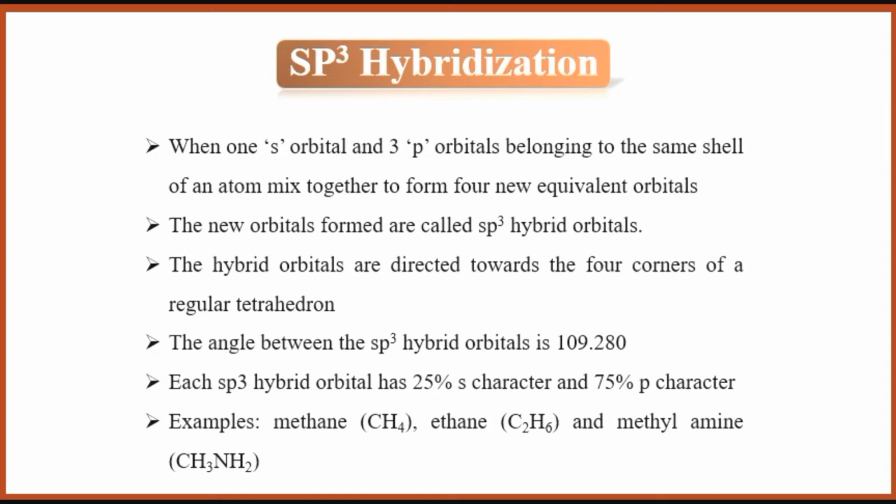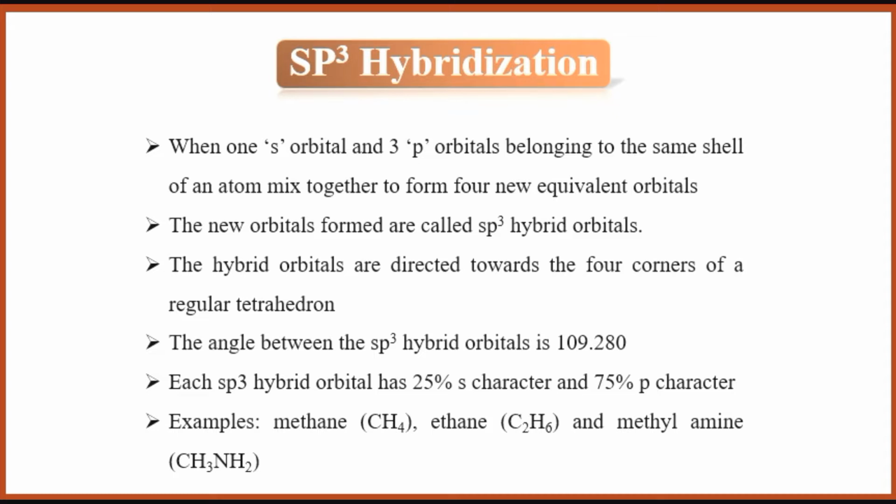In this type of hybridization or in this category, one s orbital would intermix with three p orbitals, that are px, py and pz. And all of these atomic orbitals would belong to the same shell of the atom. So they would intermix to form four new equivalent orbitals, also called hybrid orbitals.